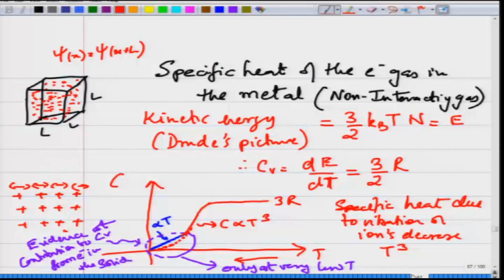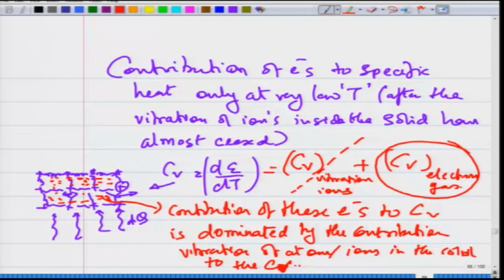This temperature dependence of the specific heat is all due to the vibration of ions, and only at very low temperatures, well below 4 Kelvin and very close to absolute 0, where the ions have almost become rigid and are no longer vibrating, do you start seeing the specific heat of the electron gas inside the solid, because you have eliminated the effect of the specific heat of vibrations.